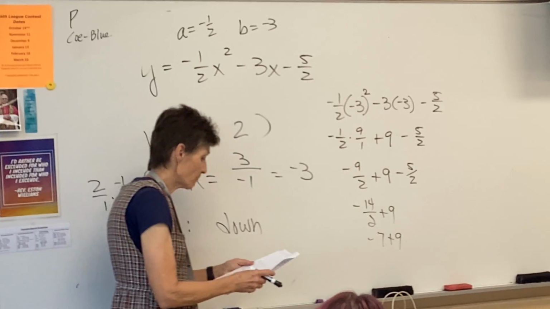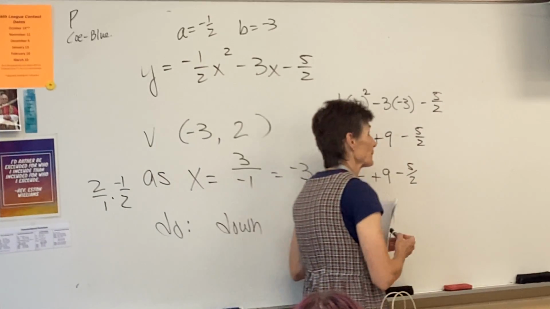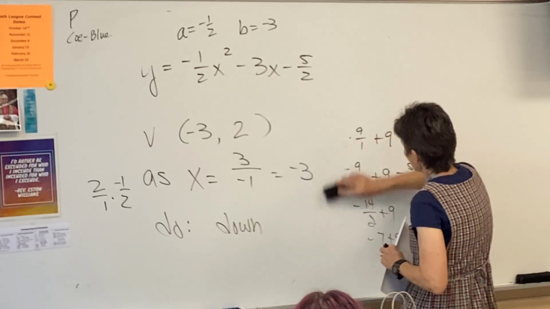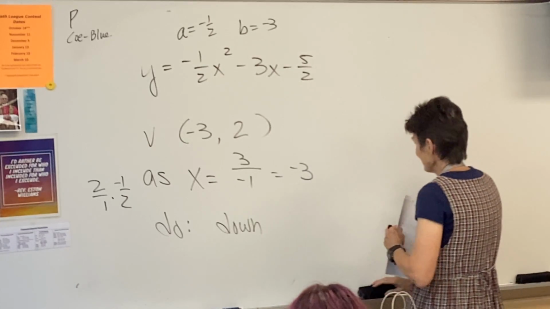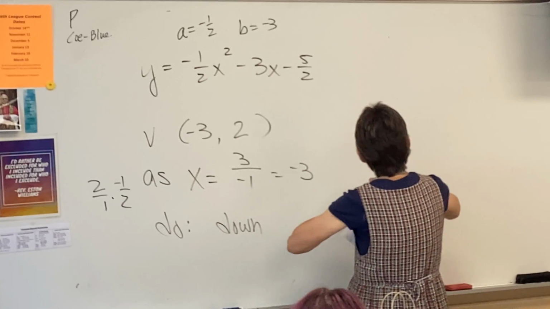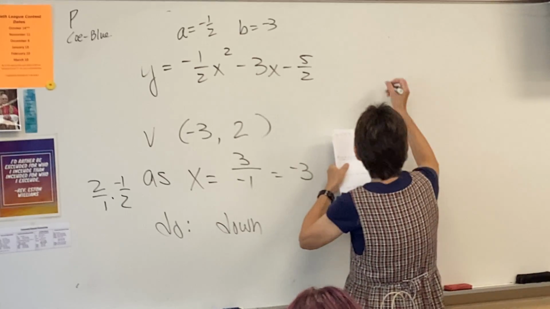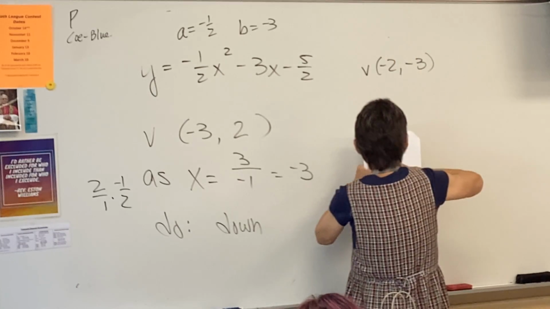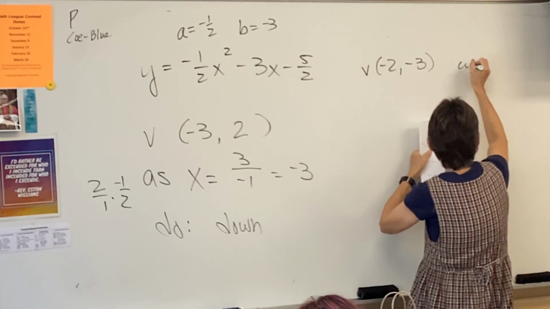All right, let's look at number 5. Different kind of problem. I have a vertex and then some random point.